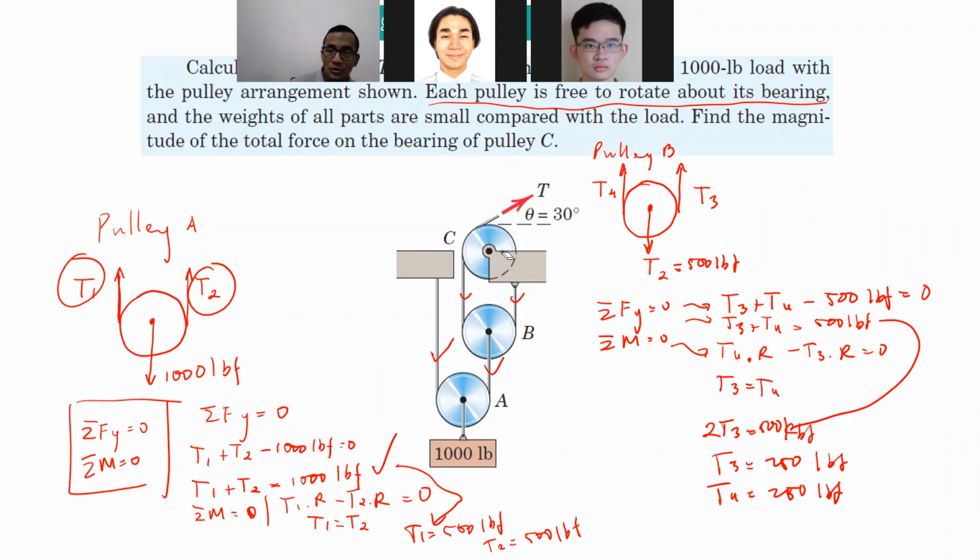Remember, when we have a pin joint, we're supposed to represent the pin as a reaction force, but the reaction force is supposed to be in two directions, correct, right, Mario? Yes.